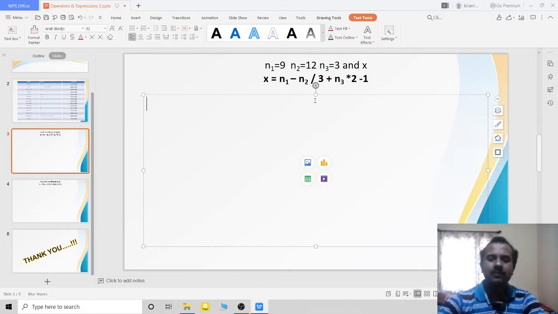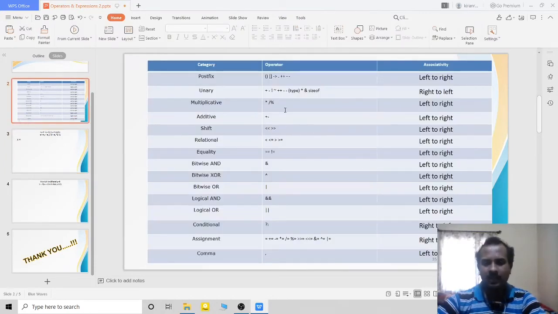So here I have different signs: minus, plus, multiplication, minus and division. I have to know first which one should be executed, whether plus, minus, or division and multiplication. So let us check the table here.